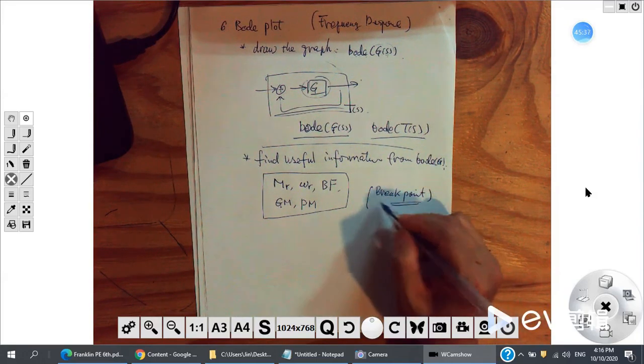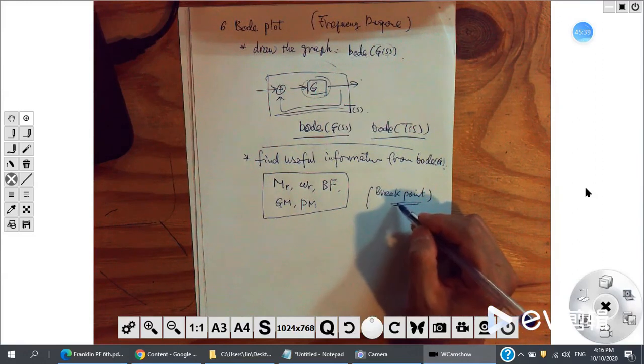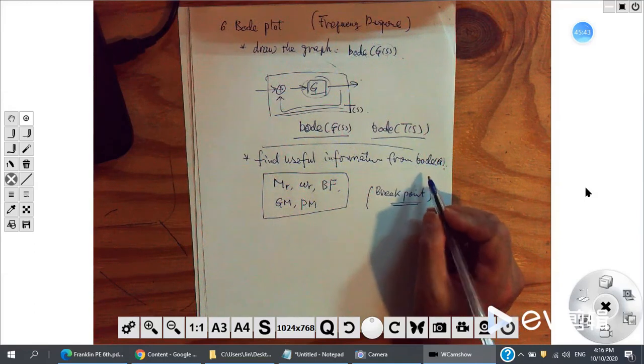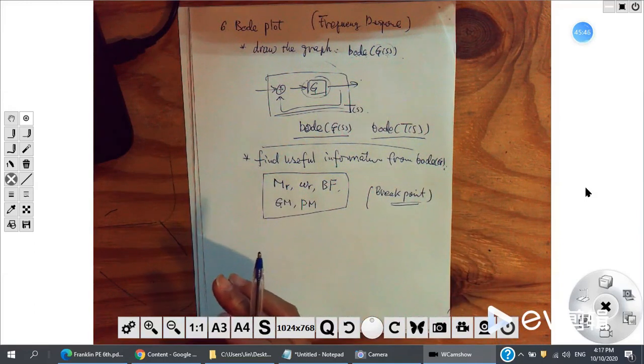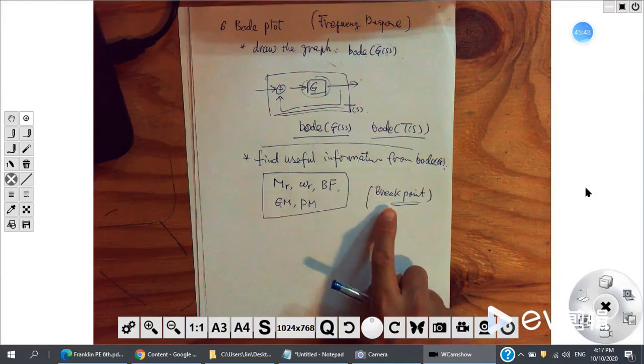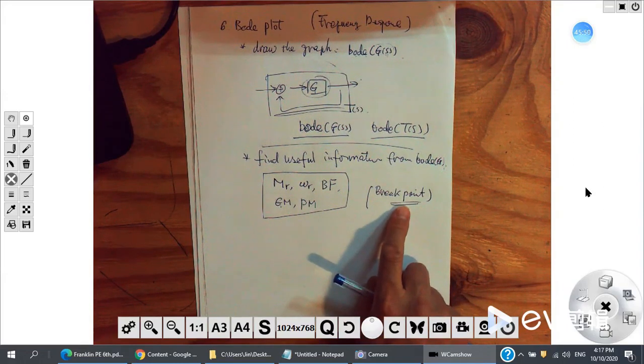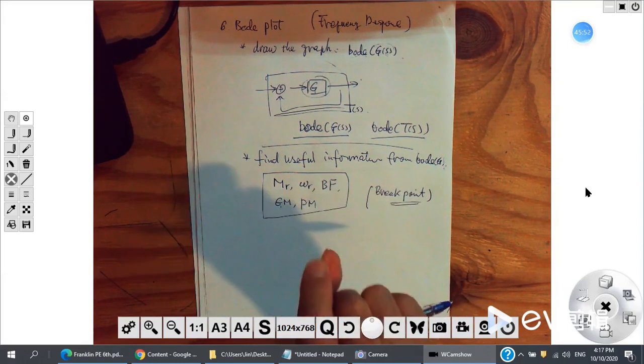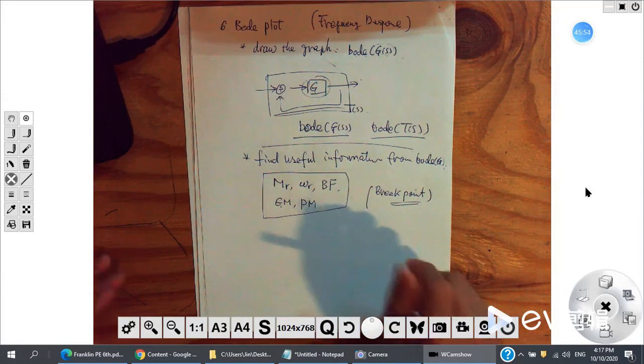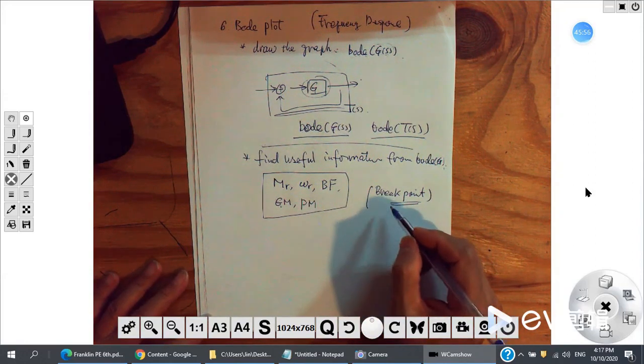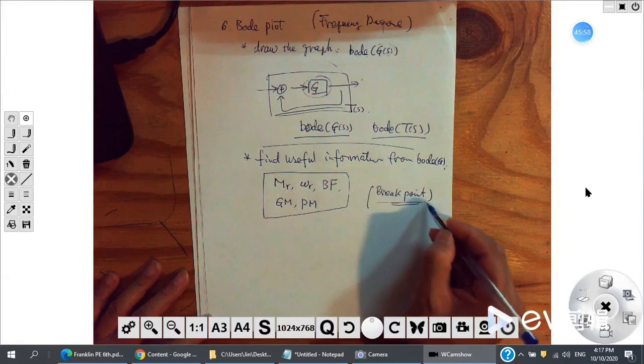Actually, starting from here, you can give the transfer function based on the bode plot. Suppose you do not know the transfer function, then by checking the breakpoints, you can go back to give the transfer function. But that is not required in this course. Okay, I believe it here.